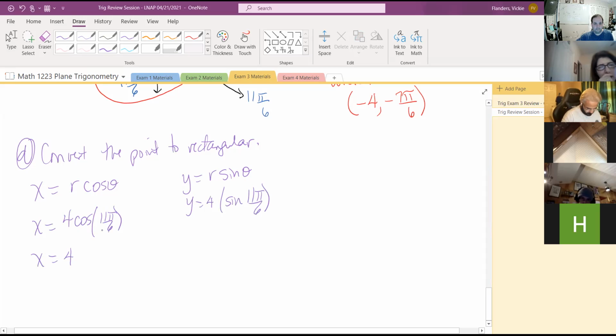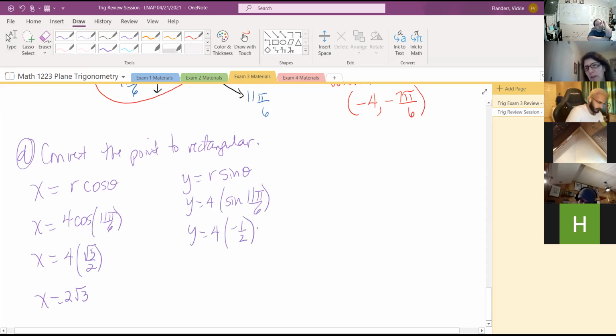So 11 pi over 6 is in what? Quad 4 with a reference angle of pi over 6. So that's going to be positive square root of 3 over 2. So X is 2 square root of 3. Y is 4 times sine of 11 pi over 6, which is going to be negative. So I get Y to be -2. So my (X, Y) is (2 square root of 3, -2).